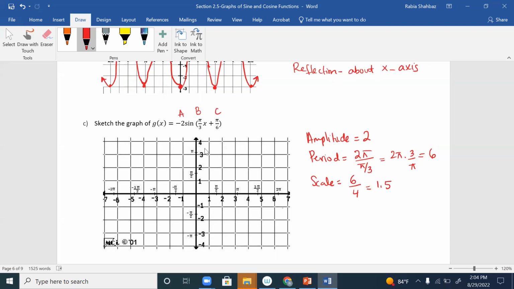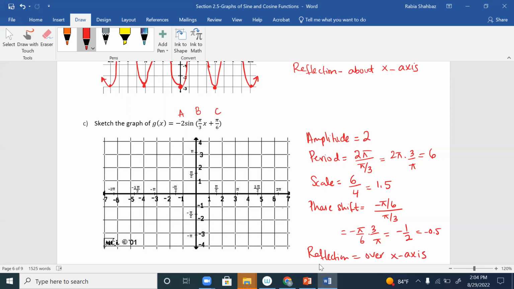And the phase shift, I'm going to do negative C over B, which is negative pi over 6 times 3 over pi, which is negative half. So negative 0.5 or negative half to the left, no vertical shift, and there is a reflection. How the reflection looks like for the sine is that from the midline, it goes down first.